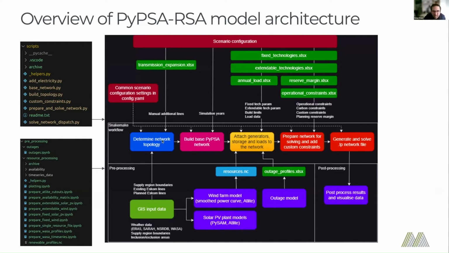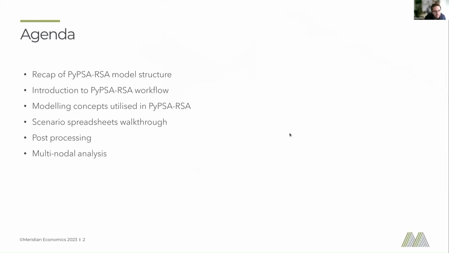But basically, it's an automated workflow management tool that allows you to run through all the scripts in order and find what data is missing, and then automatically run the scripts that need to generate the input data for the next file that needs to be solved.